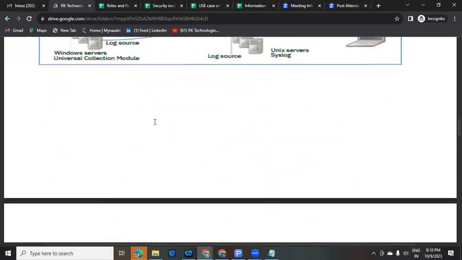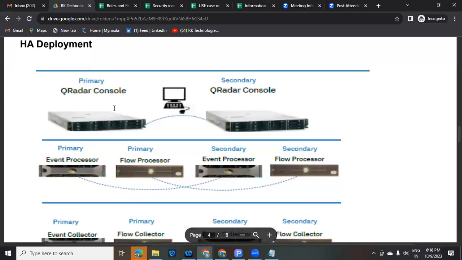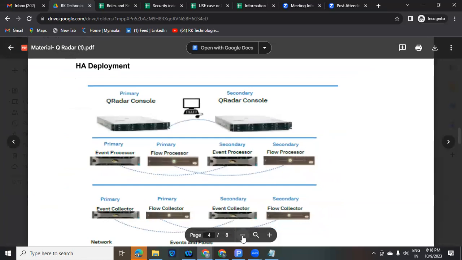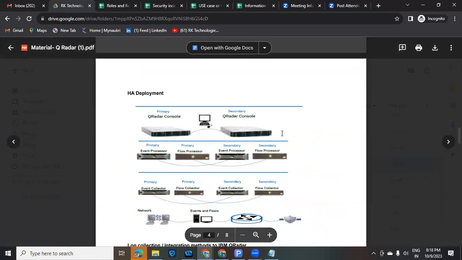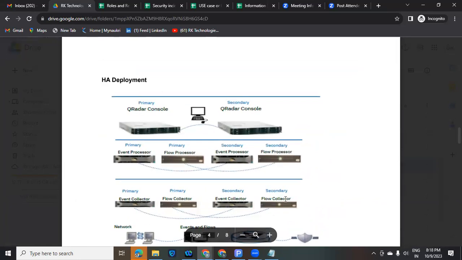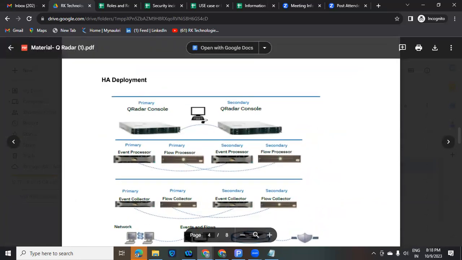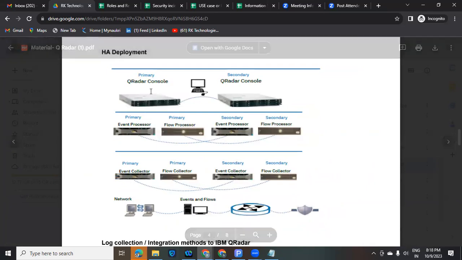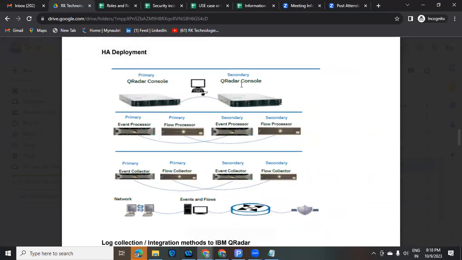Okay. So next one is HA deployment. This was also explained in the generic architecture diagram when we discussed. So this is the actual high availability deployment on the IBM QRadar side. This architecture diagram is applicable to other vendors as well. So this is our QRadar console on the primary side, and this is the QRadar console secondary device.